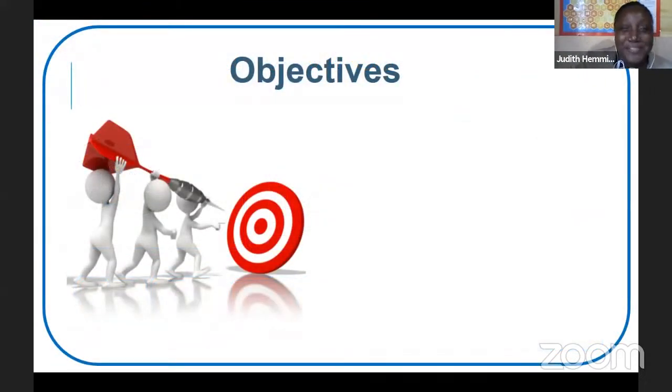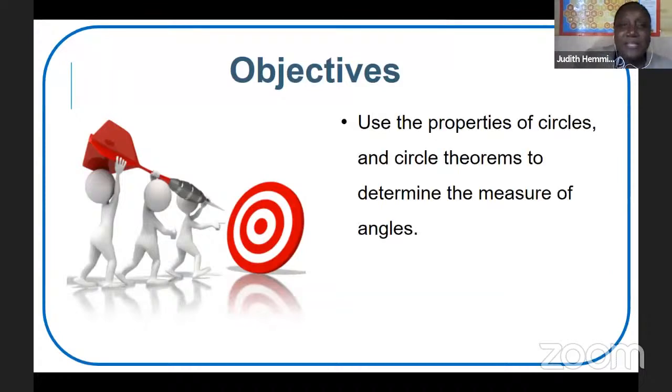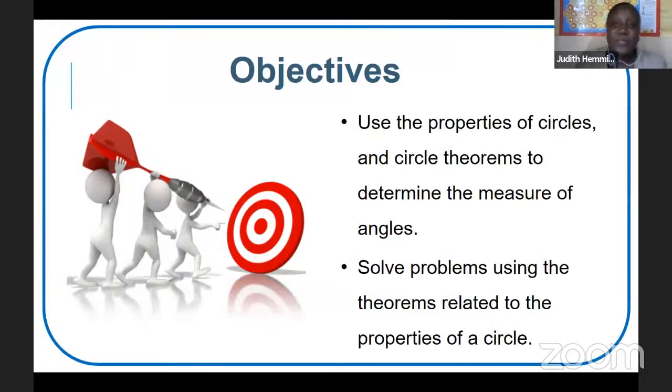All right, so today we are going to explain a bit of what we're going to be doing. The focus of our session today, as I said before, is all about circle theorems. We are going to be looking at the properties of circles and circle theorems to use those to determine angles. We're also going to be solving problems using the theorems related to properties of a circle.